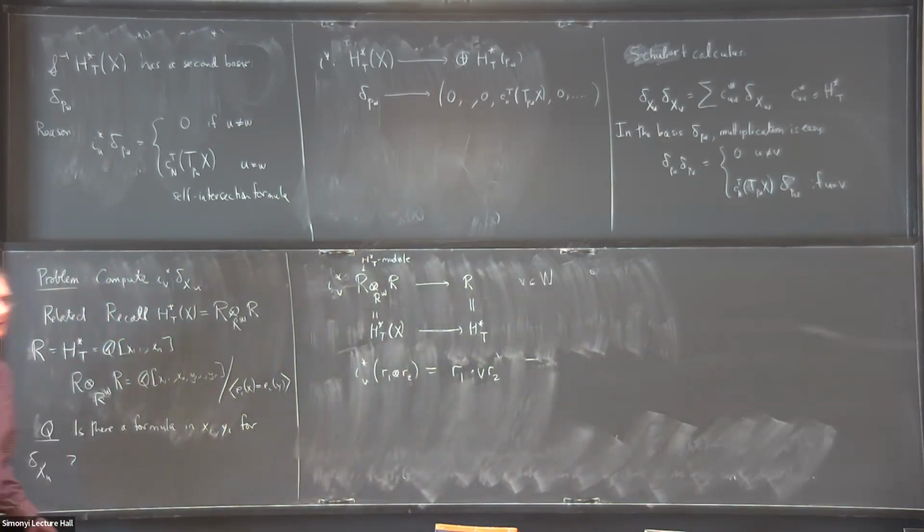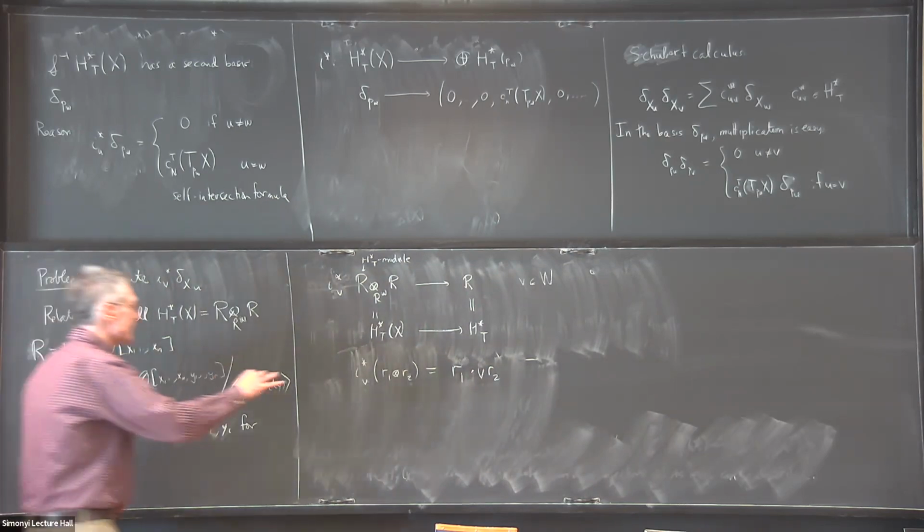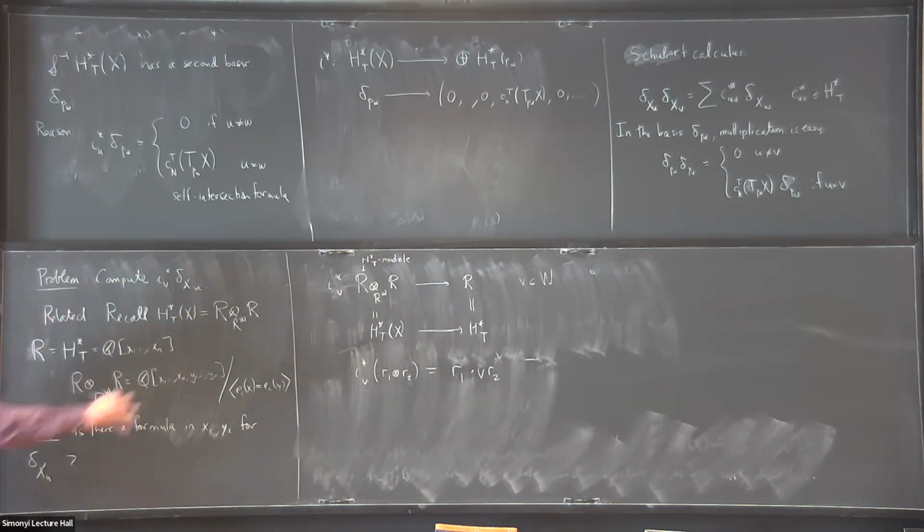That's actually the only sensible thing it could be. It's easy to check this by restricting vector bundles. To calculate this pullback, you're restricting one of these tautological bundles to a point, and that's what that amounts to. So if we had this formula, then we could compute these pullbacks, and then we would have solved the problem of Schubert calculus, in principle.